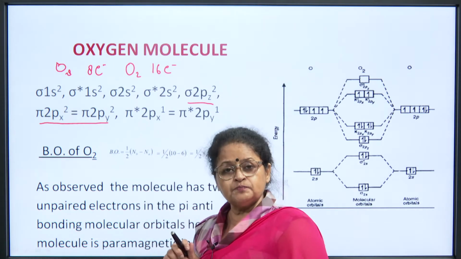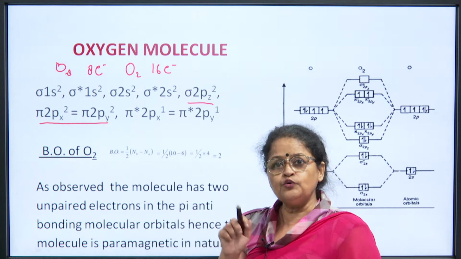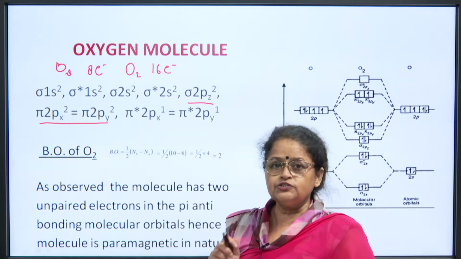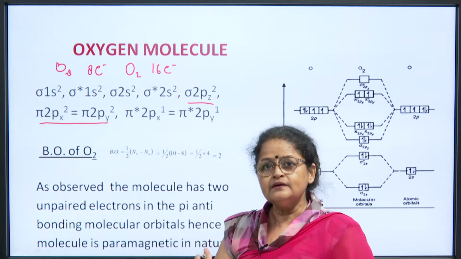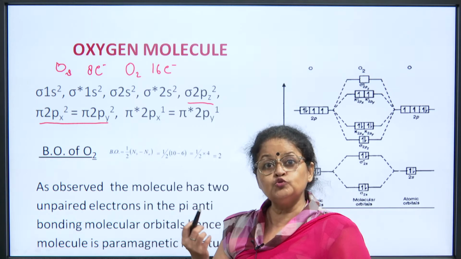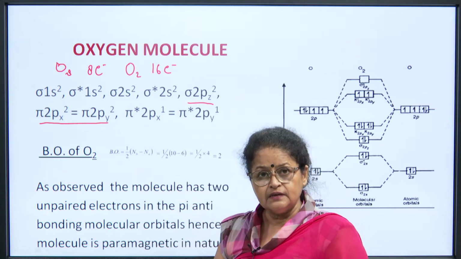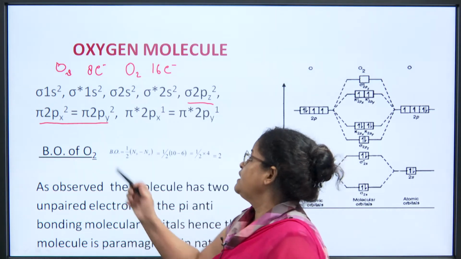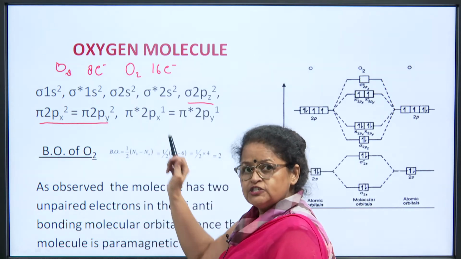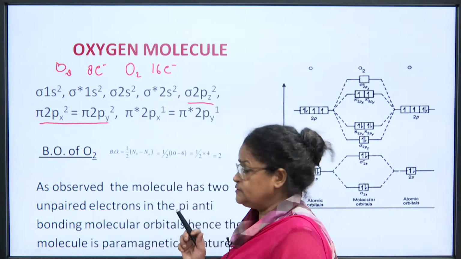And I also explained why this kind of anomaly is observed: it is due to a lesser stability of the nucleus, and therefore the sigma 2pz gets destabilized and hence gets filled after pi 2px equals pi 2py. So, this was the case of nitrogen.